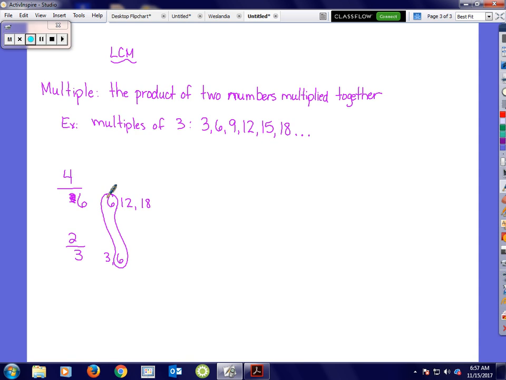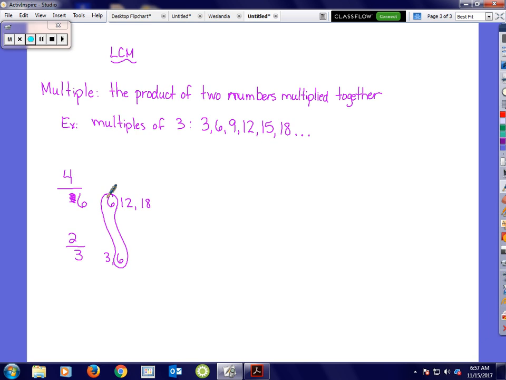So for example, I can make an equivalent fraction of 4/6 and 2/3 with 6 as a denominator. So we'll get more into that tomorrow. Today I want to make sure you've mastered finding the least common multiple and finding the greatest common factor. So tomorrow, the steps to finding fractions with common denominators will be easier for you.